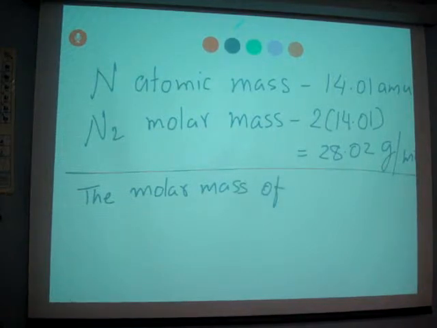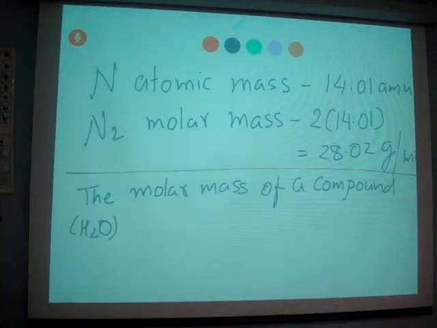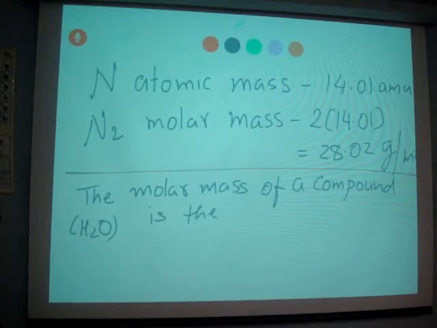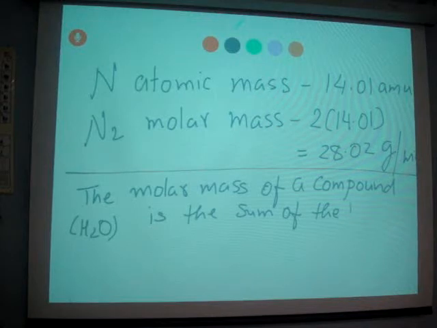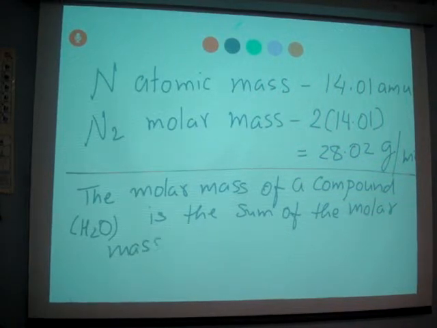Now, the molar mass of a compound, for example, let's say H2O, it's called a compound, right? It's not an element, but a compound. So how do you find that? It is the sum of the molar masses of each element.